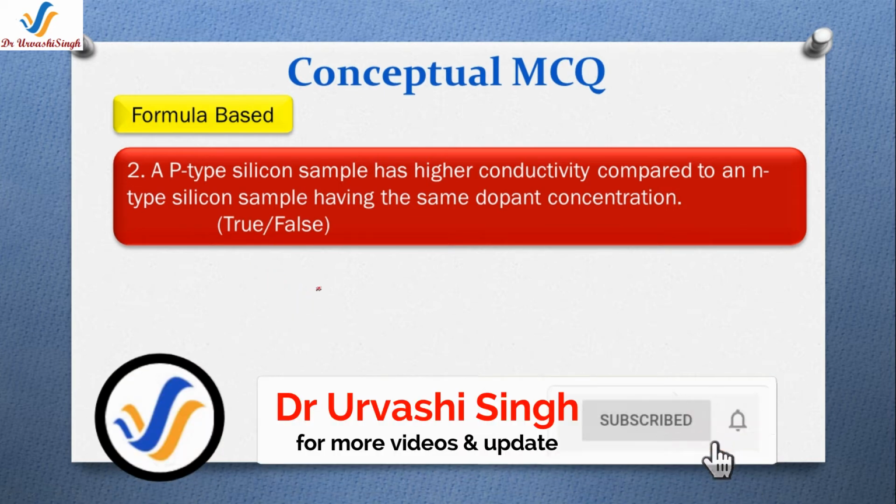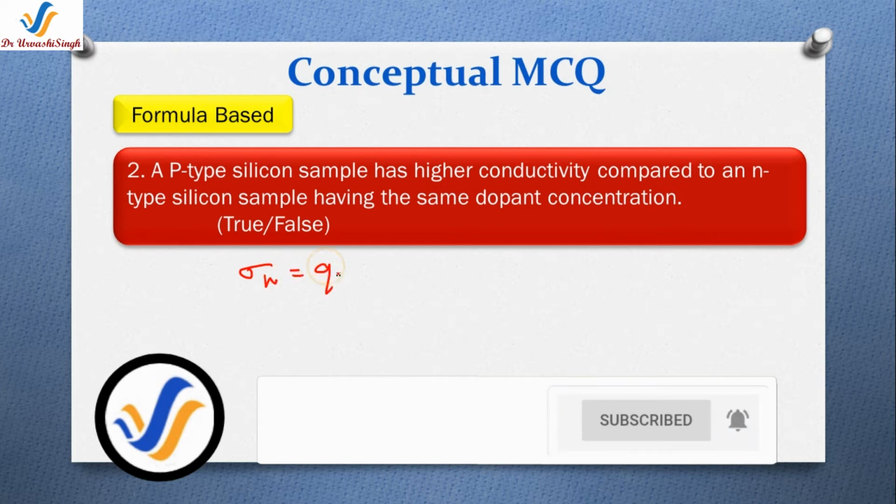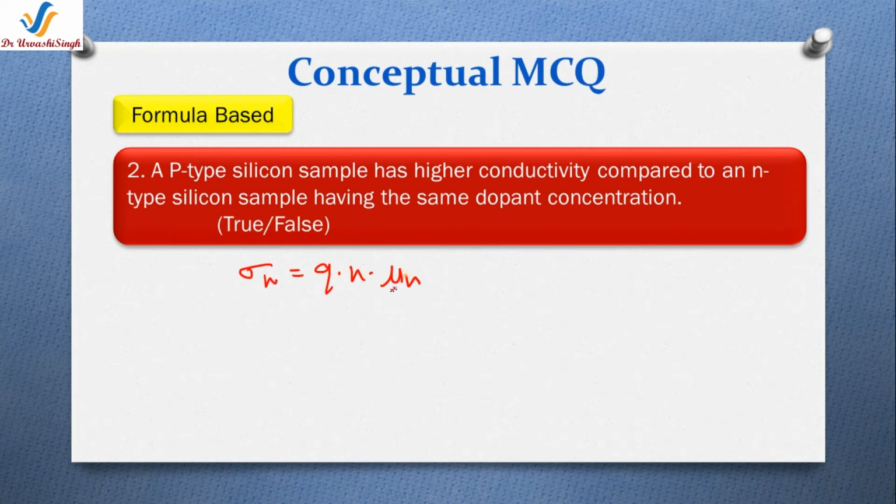So first of all, write the formula. Sigma n, the conductivity of n-type material, is q n mu n, where mu n is the mobility of electrons, and sigma p is q p mu p. It is given that the dopant concentrations are the same, so n and p are equal, and the charges of the carriers are equal.